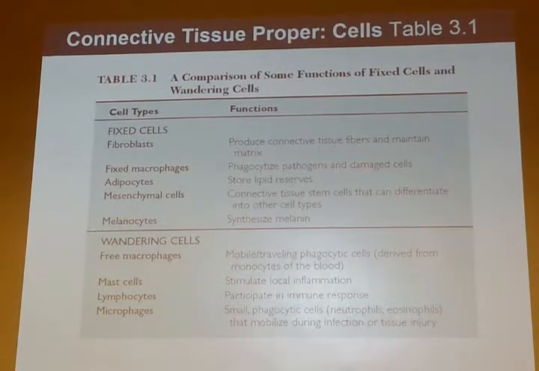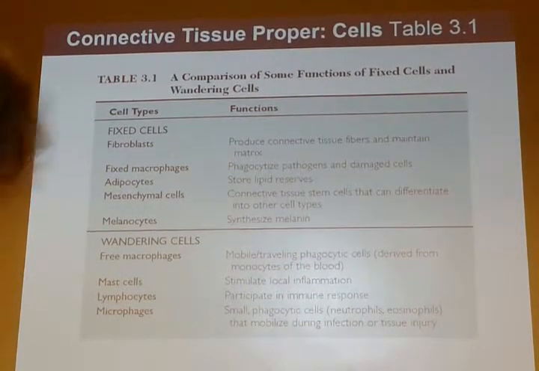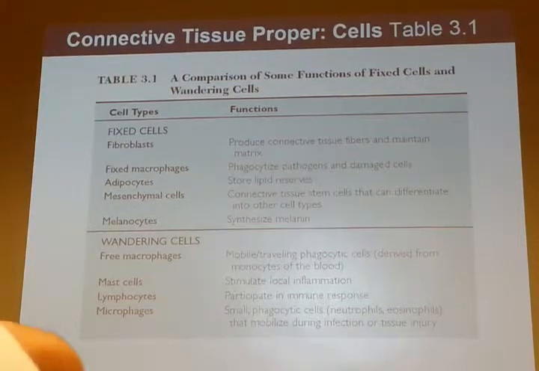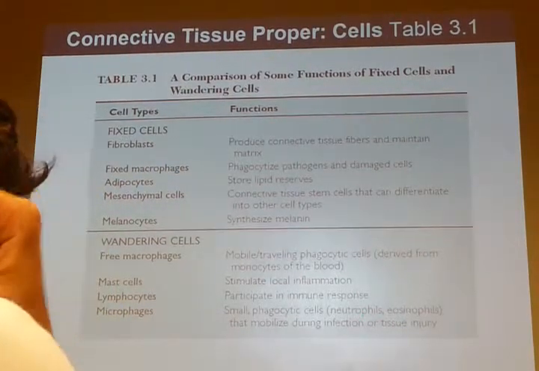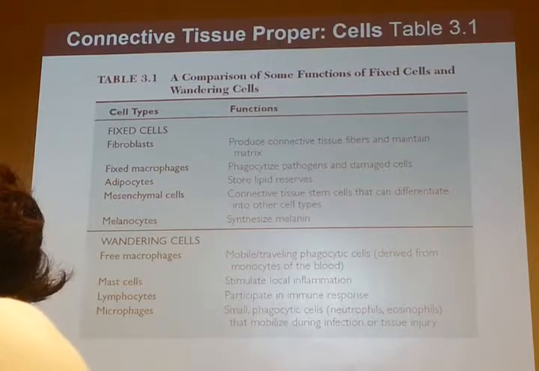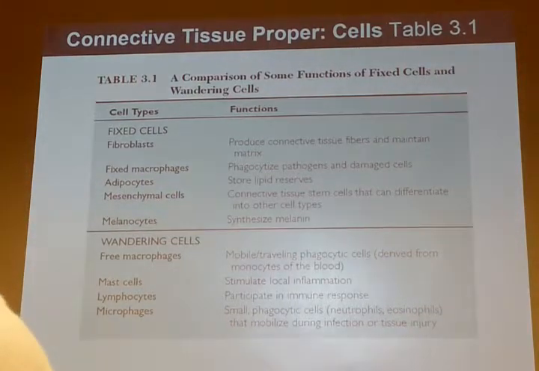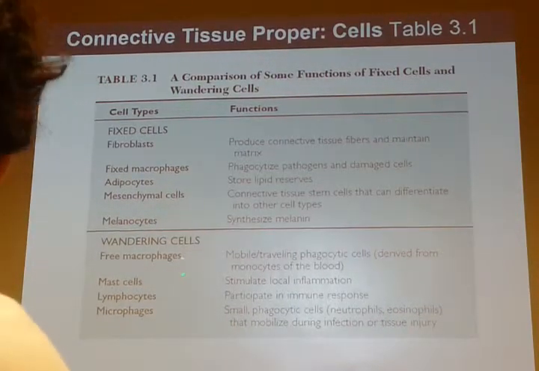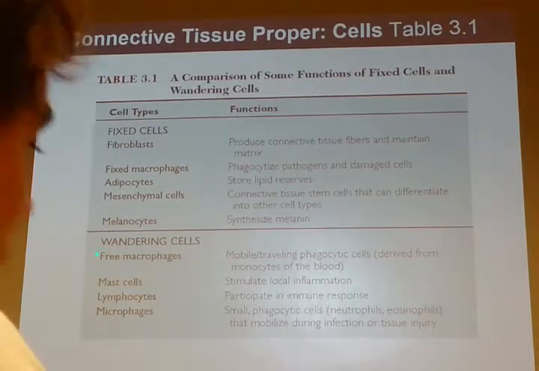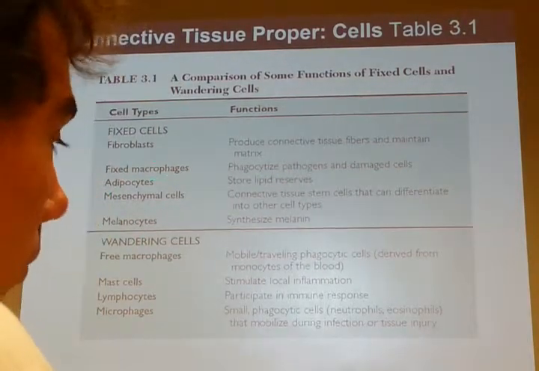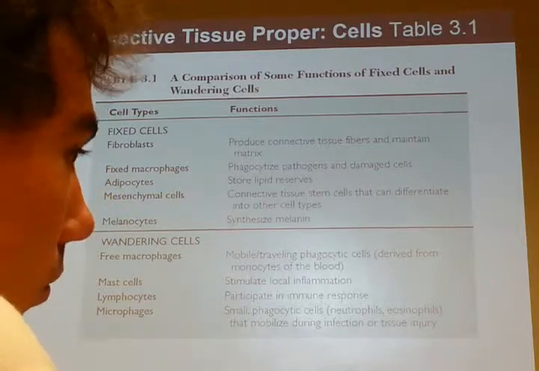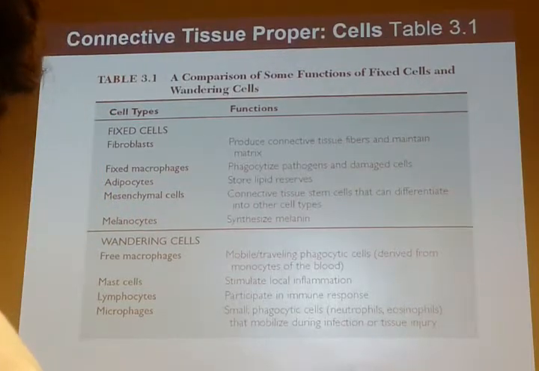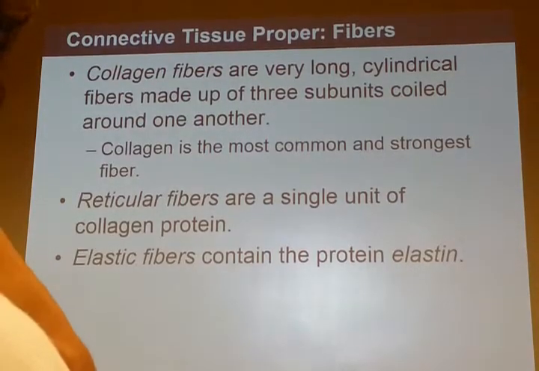Neutrophils and eosinophils are smaller in size. They're still pretty good size, but they're smaller than a macrophage, and they also phagocytose. They usually come in response to the secretions from free and fixed macrophages that are responding initially to infection.